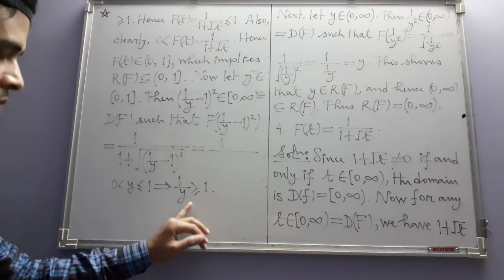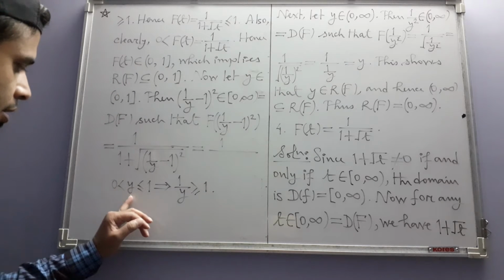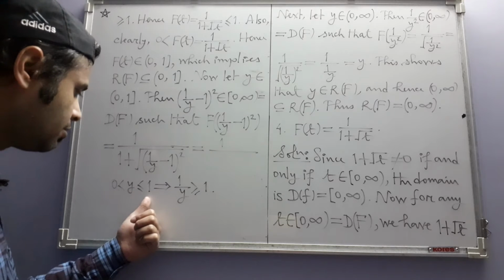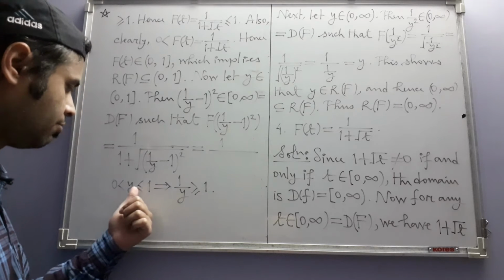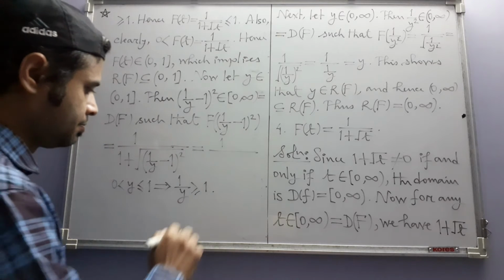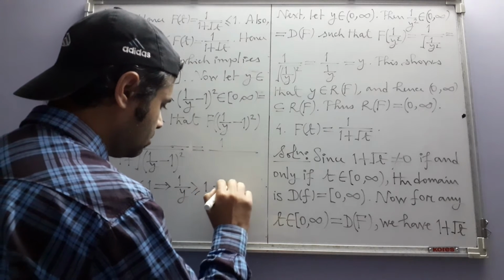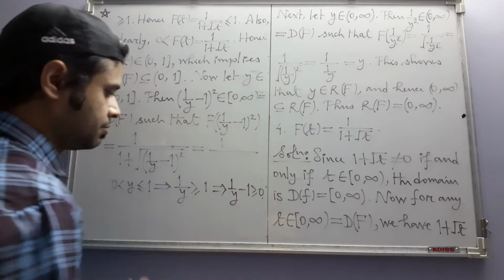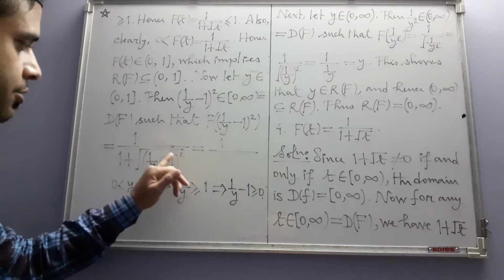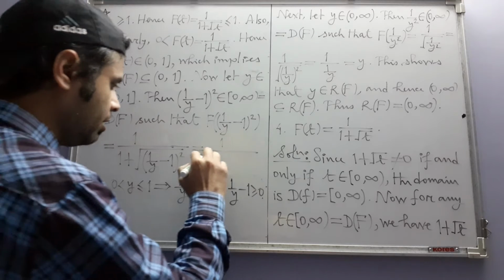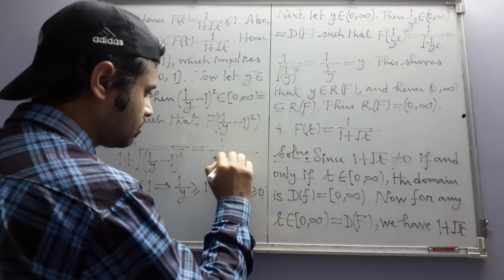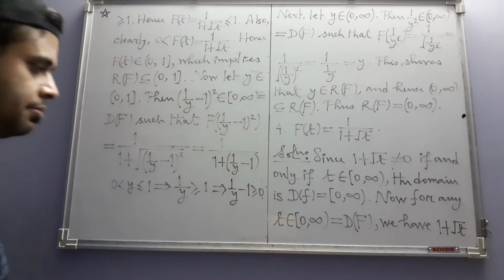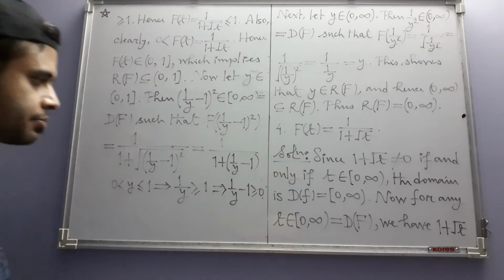Note that 1 over y makes sense because y is not equal to 0, and at the same time this inequality implies this because y is positive. So that means 1 over y minus 1 is actually non-negative. So when we cancel square and square root, we will have 1 over y minus 1.